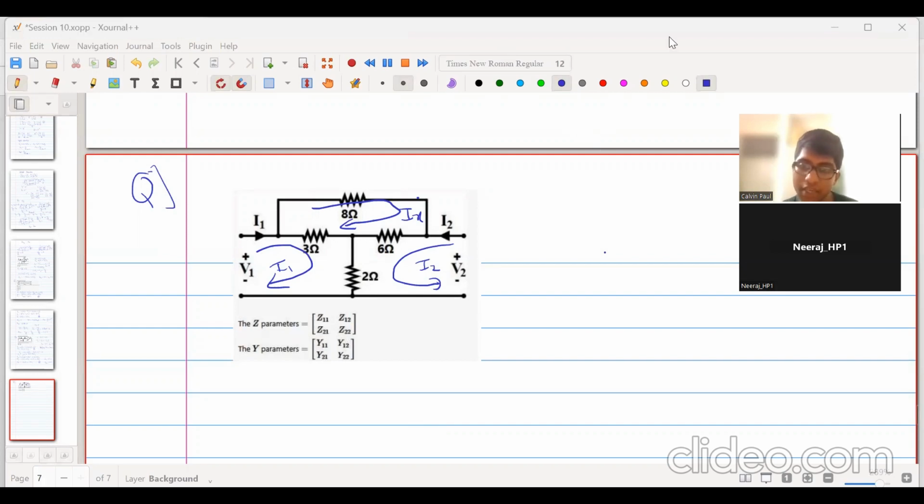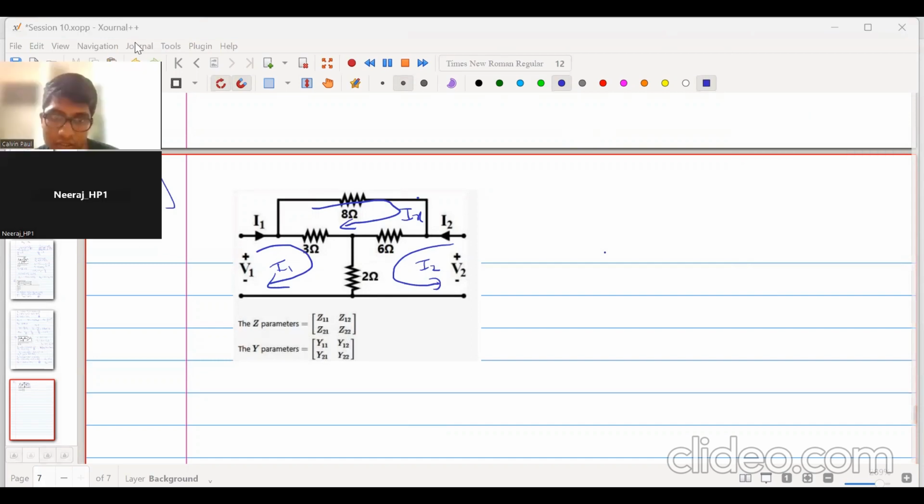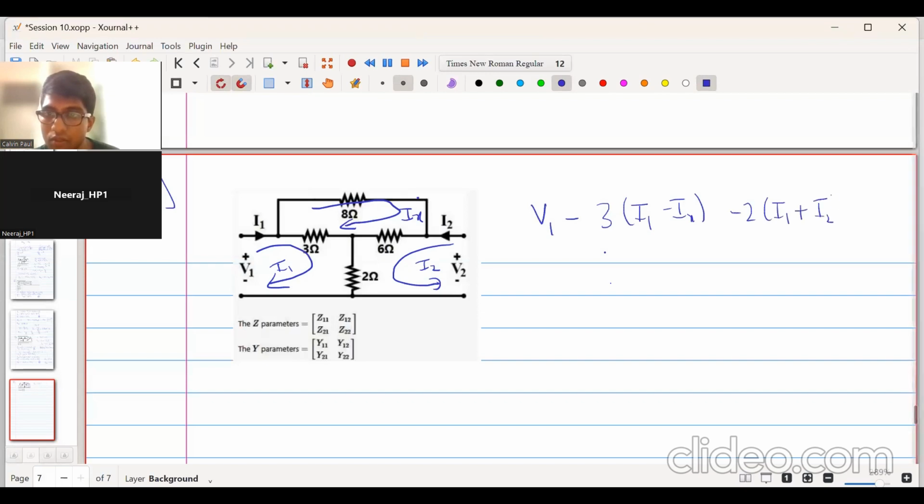So what we do is apply KVL in loop 1. We apply KVL in this loop. What will we get when we apply KVL in the loop? See, because when we apply KVL in this loop, we will get minus to plus, so V1 minus 3 into the current through this, I1 minus Ix, so 3 into (I1 minus Ix), then minus 2 into (I1 plus I2), this is equal to 0.